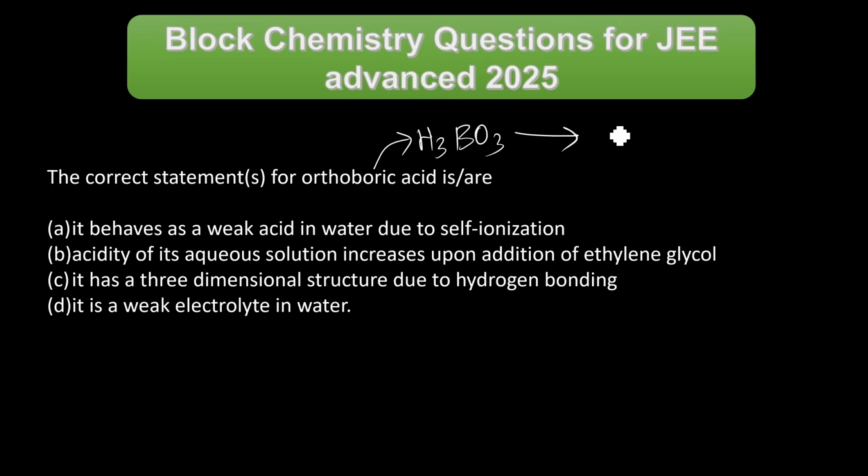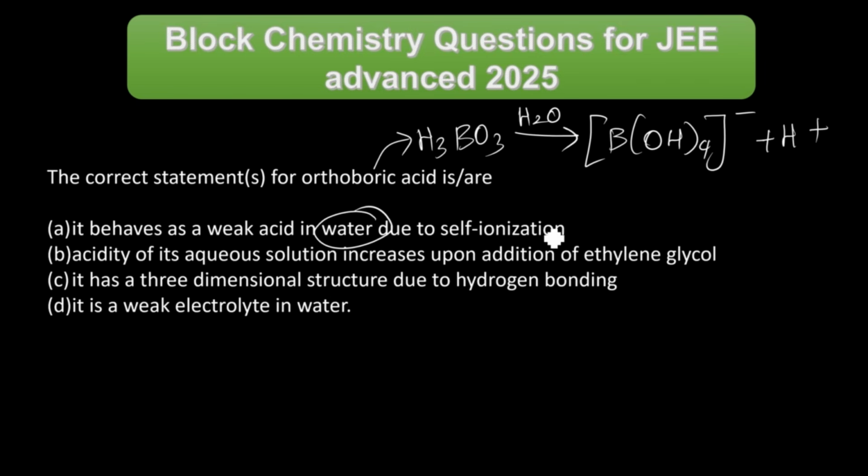How does the reaction go? Weak acid in water plus water, it will take up and then form B(OH)4 minus, correct? Due to self-ionization. It is taking up the OH minus ion. It is not undergoing any self-ionization. Okay? So this can't be our answer.